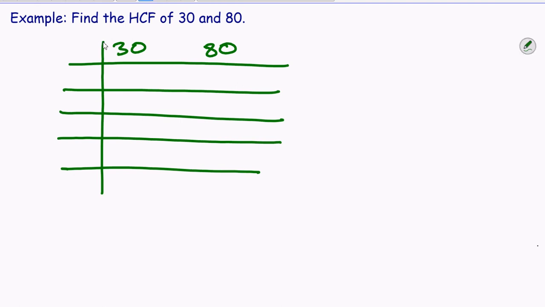Think of a prime number that's a factor of 30 and 80. Of course, 30 and 80 are multiples of 2. So I'll have 2 here. 30 divided by 2 is 15. 80 divided by 2 is 40.